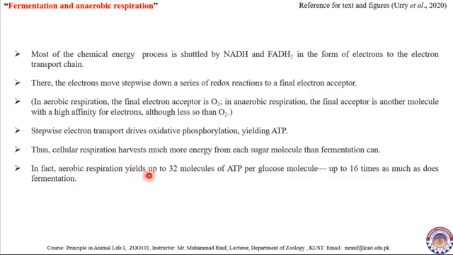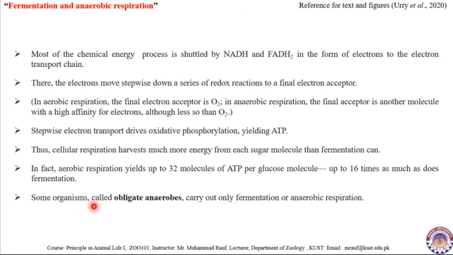In fact, aerobic respiration yields 32 molecules of ATP per glucose molecule, up to 16 times as much as does fermentation. In fermentation, only glycolysis takes place, then the end product of glycolysis is oxidized by NADH, so the net production is 2 ATP molecules, and in aerobic cellular respiration 32 molecules are produced, which is 16 times higher than the product of fermentation.